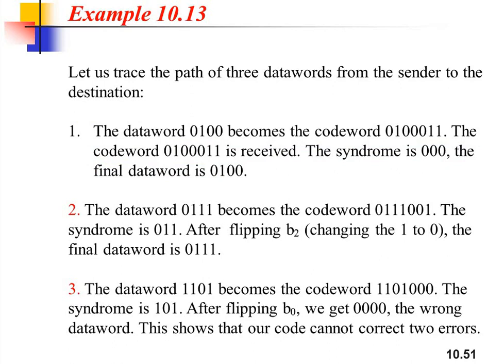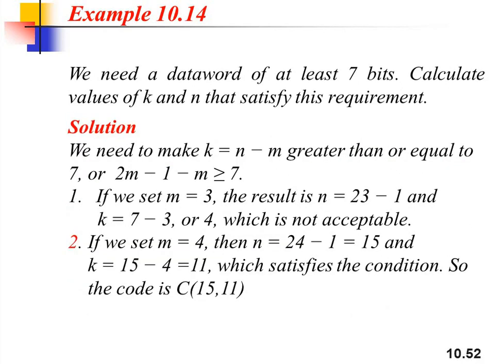So this is the example we have already discussed. Now let us consider how many bits we need if we need a data word of at least 7 bits. Calculate the values of k and n that satisfy this requirement.